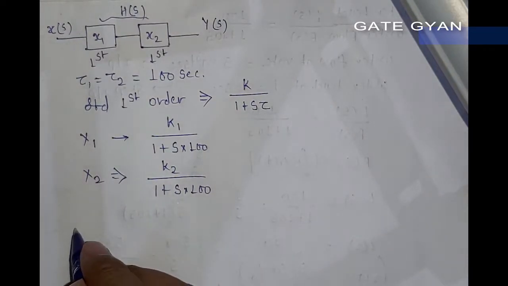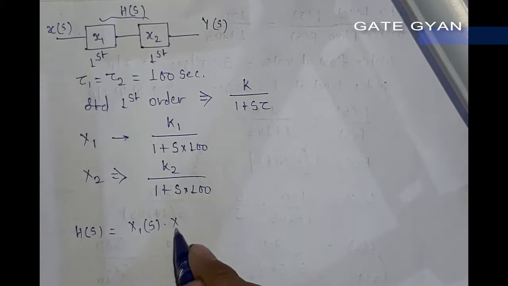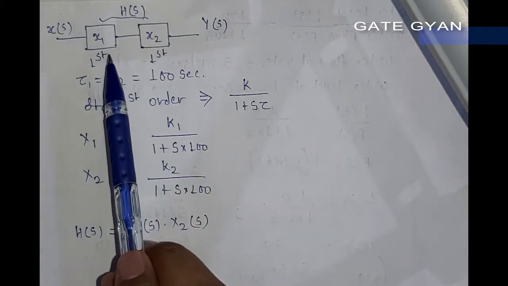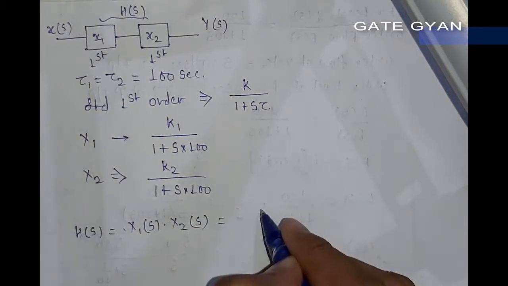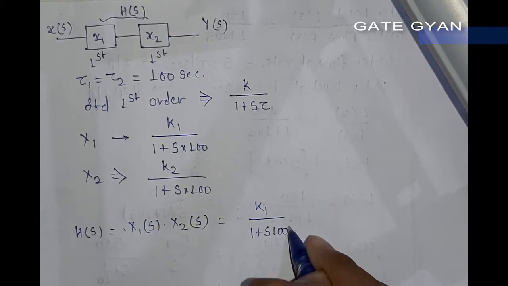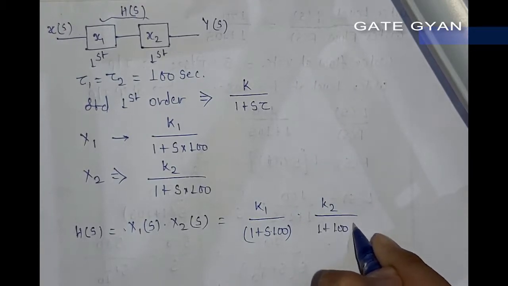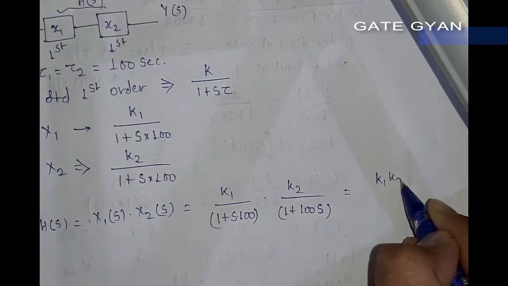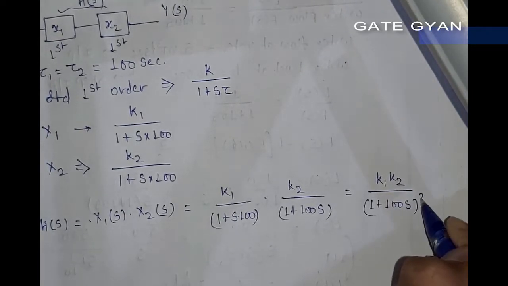We can write h of s as x1 of s into x2 of s. If two systems are cascaded, the transfer function is multiplied in the frequency domain. So we can write it as k1 divided by 1 plus s into 100, into k2 divided by 1 plus 100 s. That is k1 k2 divided by (1 plus 100 s) whole square.